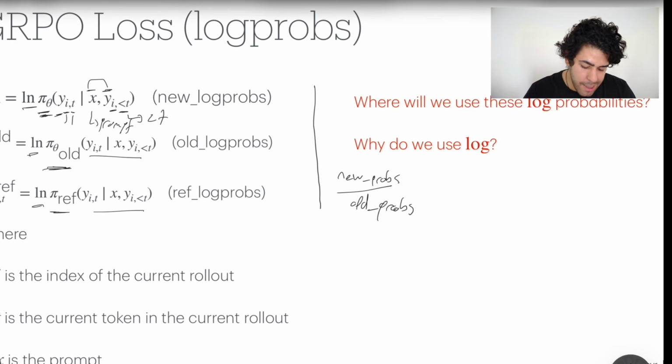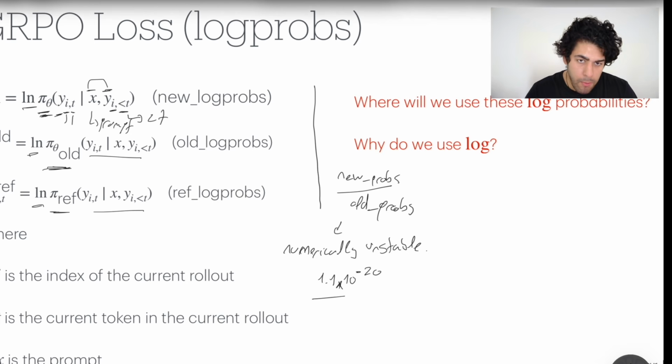If we do it directly like this, it may be numerically unstable. For example, let's say that your new probs is 1.1 times 10 to the minus 20, divided by just 10 to the minus 20. So your new prob is 1.1 multiplied by 10 to the minus 20, and your old prob is 10 to the minus 20. The answer is pretty simple.